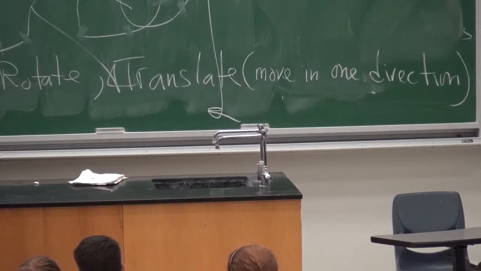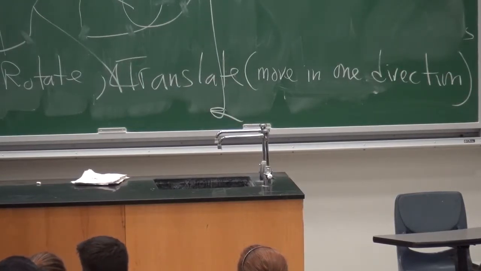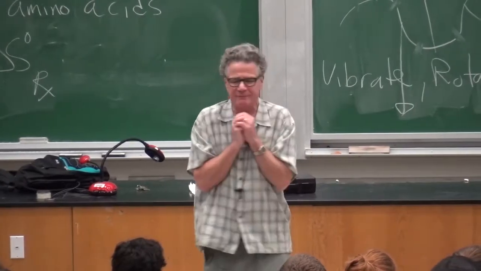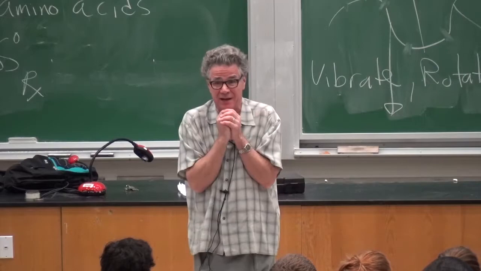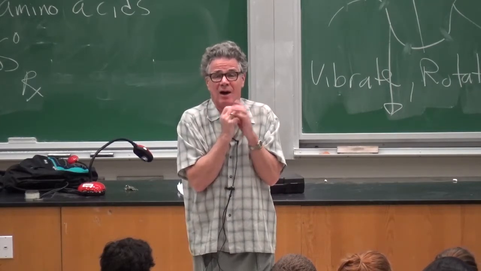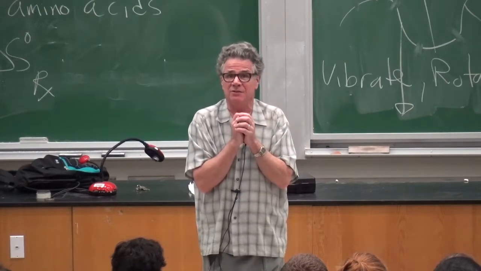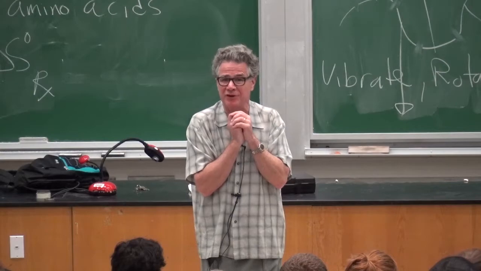Again, we talked about this, that if I'm an atom in the solid, I might be able to vibrate, but typically I can't rotate, and for sure I can't translate because I'm surrounded by my neighbors. So I go from a situation in the gas phase with 3 degrees of freedom to the solid phase, well, I've only got 1 degree of freedom.